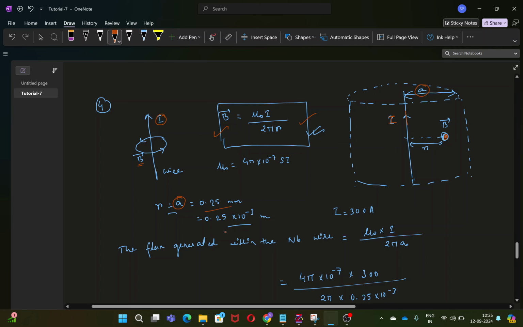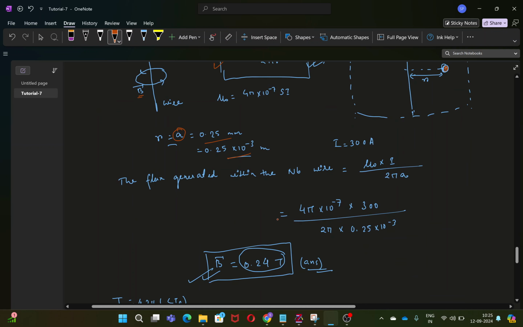It is given in the question that it is 0.25 millimeter, or 0.25 into 10 to the power minus 3 meter. And the current in the wire is 300 ampere, so I is 300 ampere. Then the magnetic flux density B, not flux but flux density, generated within the niobium wire is given by mu naught I by 2 pi r.